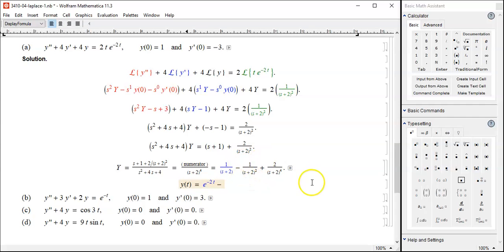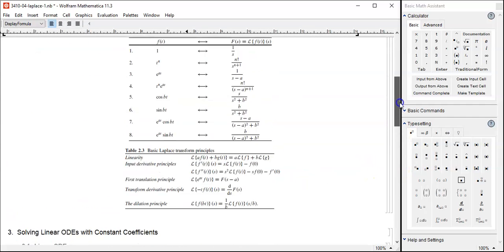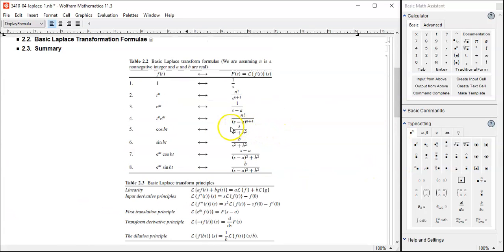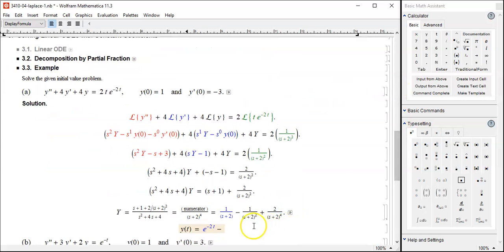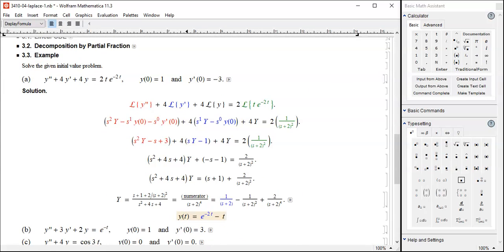Next, I have to do this. Let's go up here. All right, S minus A. So in order to have the second power, n should be 1, isn't it? 1 factorial, 1 plus 1. So I did t e to the negative 2t. So that's t e to the negative 2t. And that's red.